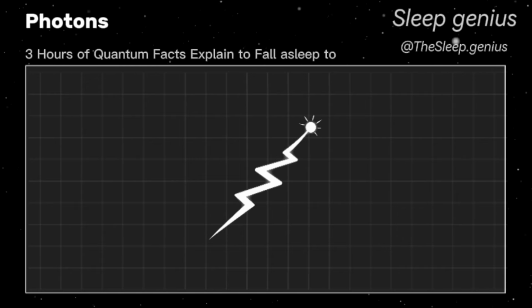Such experiments do not merely confirm theories. They evoke a sense of wonder about the subtle and intangible ways the universe operates, bridging the gap between abstract mathematics and tangible phenomena. The implications of photon behavior are both profound and unsettling.